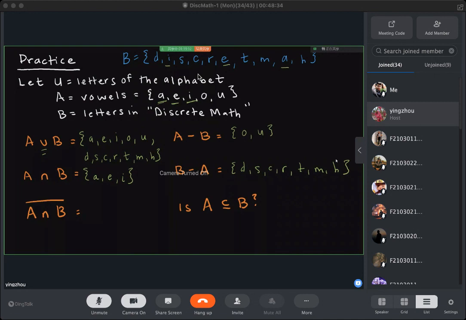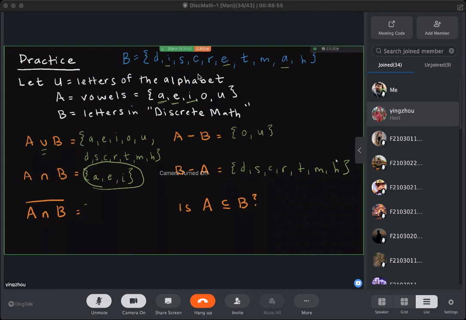My next question says the complement of the intersection of A and B. And so remember, the U is the universe of all of the letters of the alphabet. And I'm saying anything that's not in here that is in the alphabet.